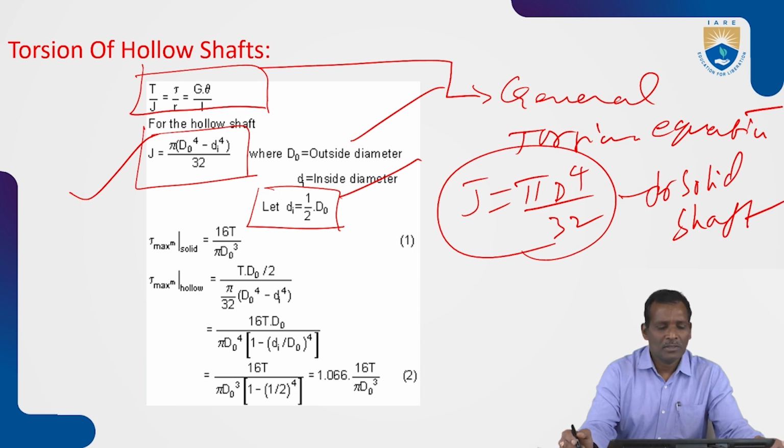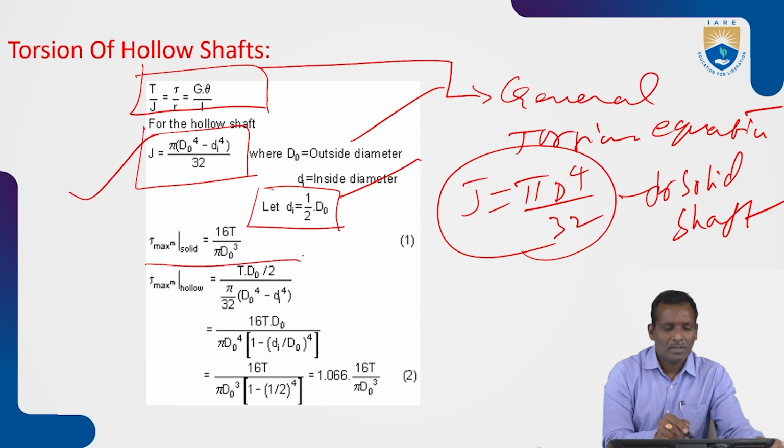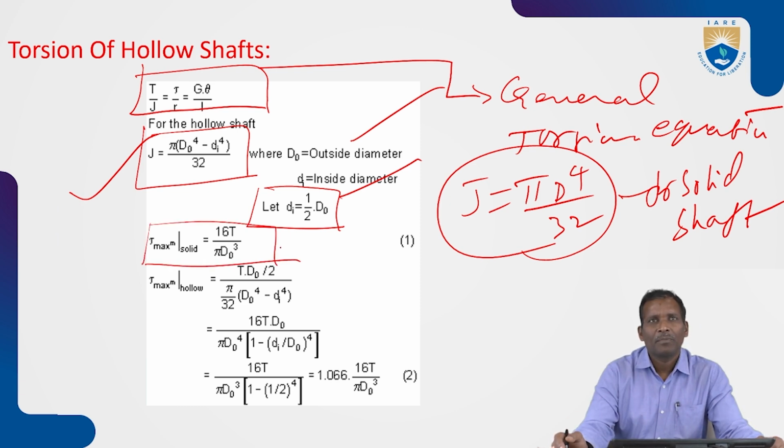The tau maximum for solid shaft is equal to 16T by pi d naught cube. Why? Because it is having only one outside diameter.